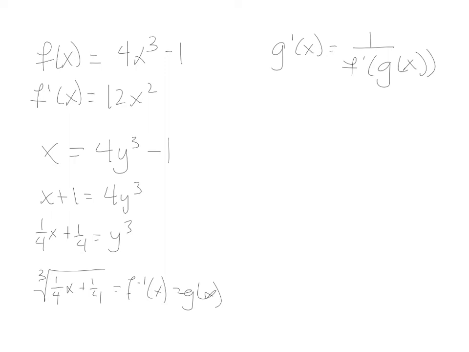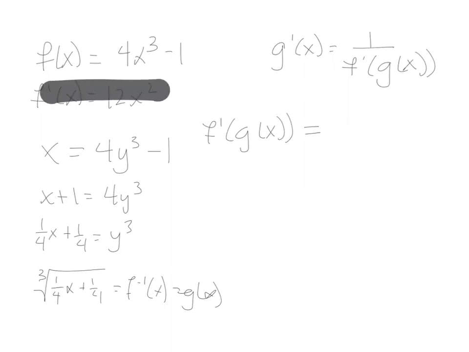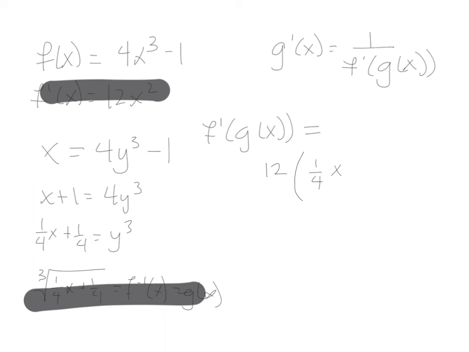So f prime of g of x is not to be confused with chain rule. This is a composite. So f prime is right here, and g of x is right here. So f prime is 12, and then we pop in the cubed root, and it's squared into the cubed root, so I'm going to call it 2/3.